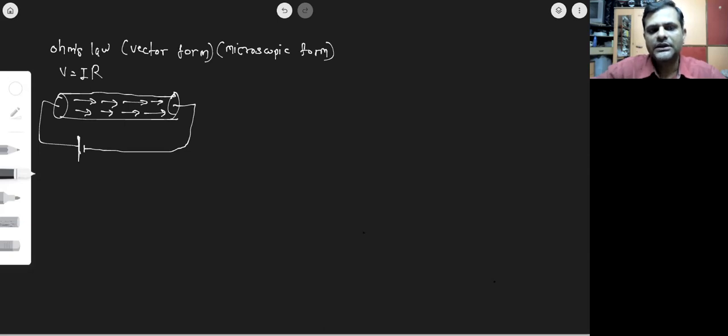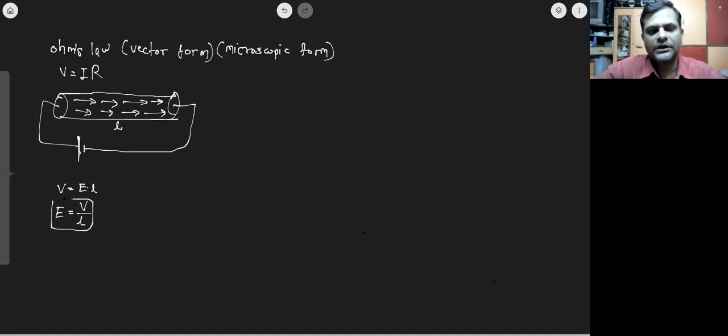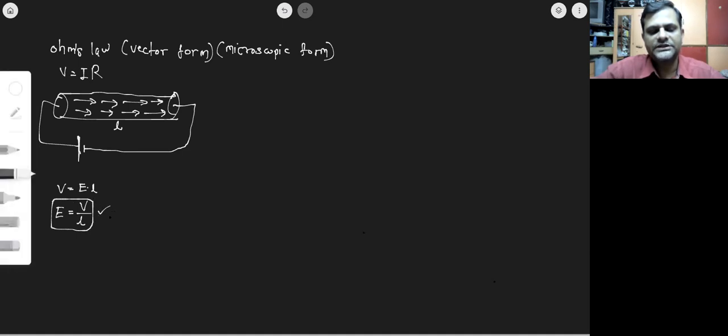And there is a relationship between the length of the conductor, the electric intensity in the conductor, and the potential difference. This potential difference can be written simply as V = E into L. Or we can say that E, that is intensity, is the potential difference upon the length of the conductor. This is a very important relationship for the intensity here.